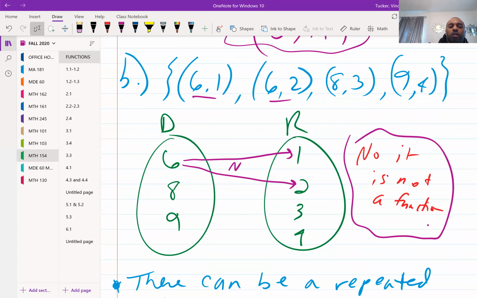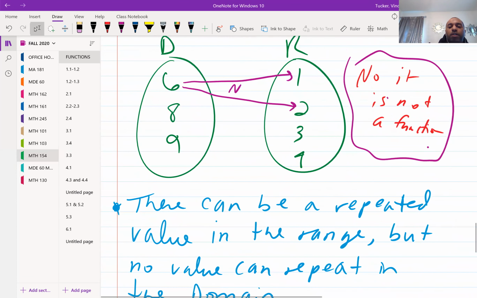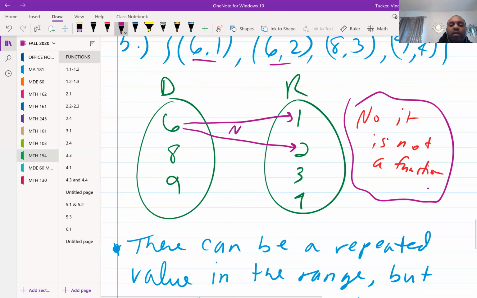All right. So general summarizations of what we just did. If you wanted to try to summarize something to help you see it better, this would be a way, but if not, just do what we just did. It says there can be a repeated value in the range, but no value can repeat in the domain. Notice here the domain has a 6 that's repeated.